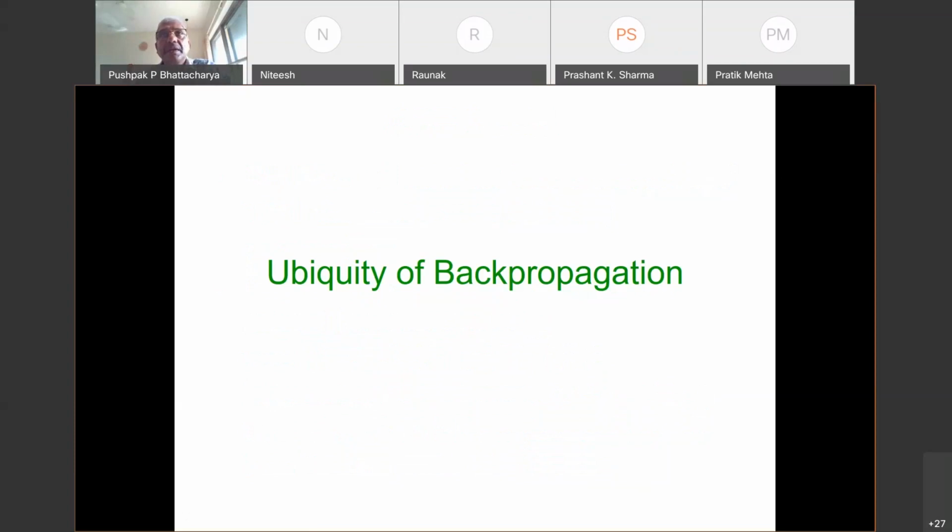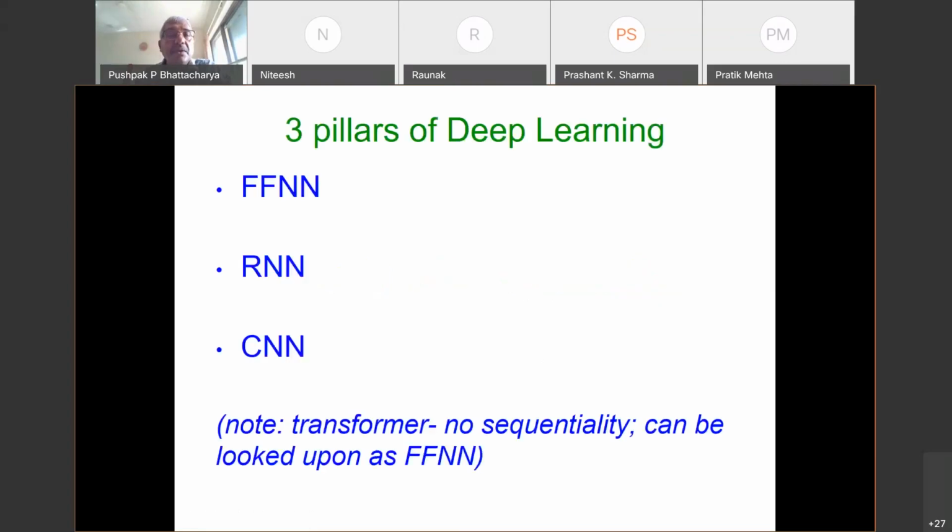Anywhere you look, any technique you look at, it is backpropagation which updates the parameters pre-initialized before the iterative algorithm starts. So backpropagation is really all pervasive for deep neural network learning.